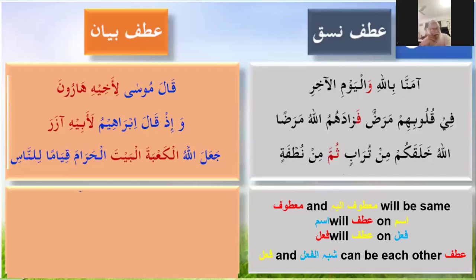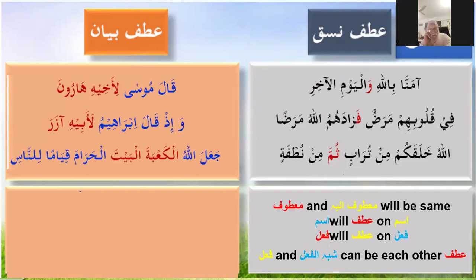Li akhihi, his brother, Harun, means his brother's name was Harun. Also "qala Ibrahim li abihi Azar". Abihi and Azar are badal. Ibrahim alayhi salam is mentioning his father, Azar. So father and Azar are the substitute. They are the atf, getting the equivalent meaning.